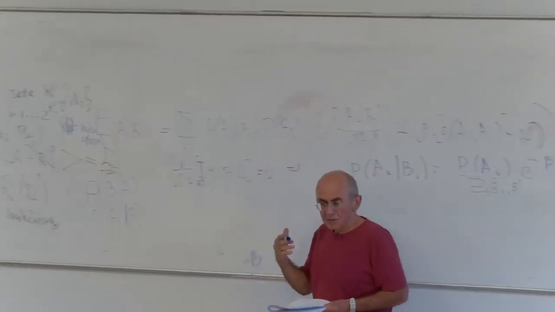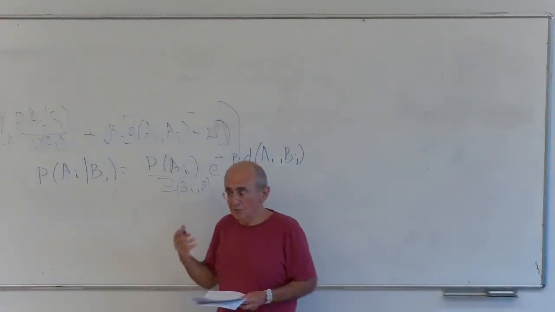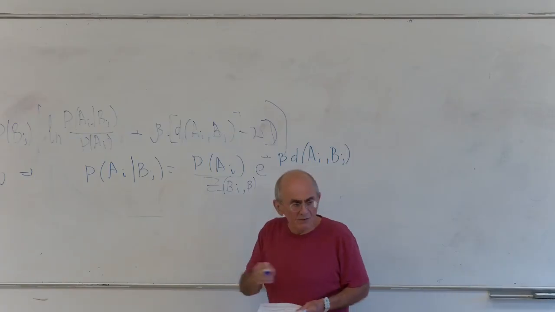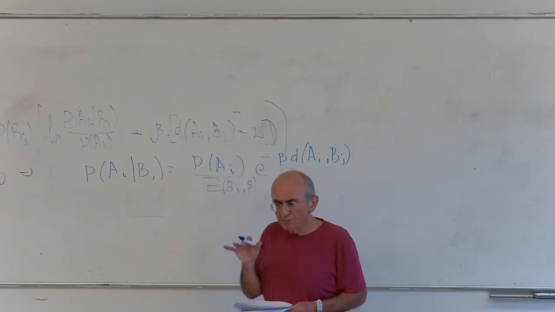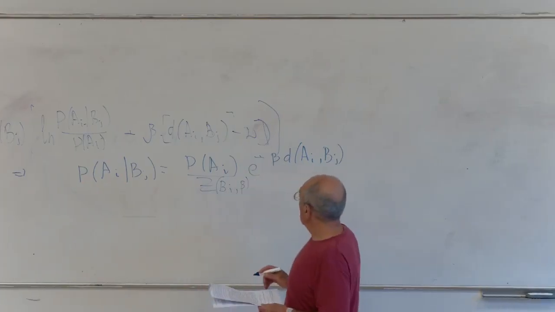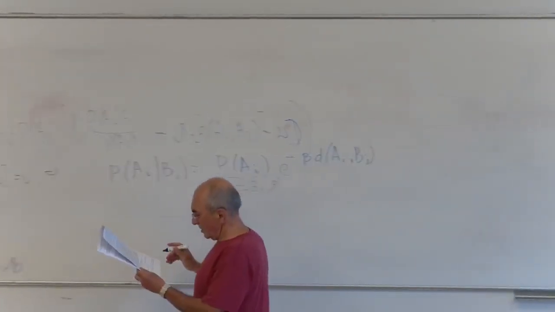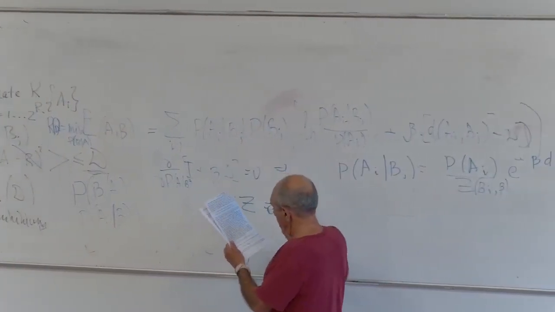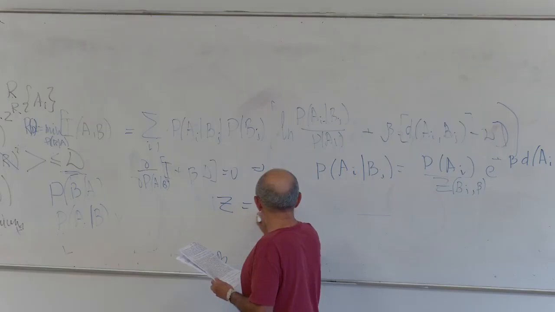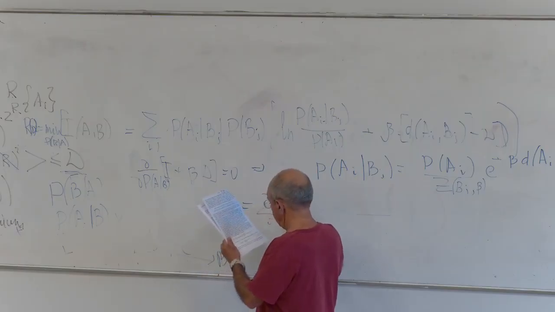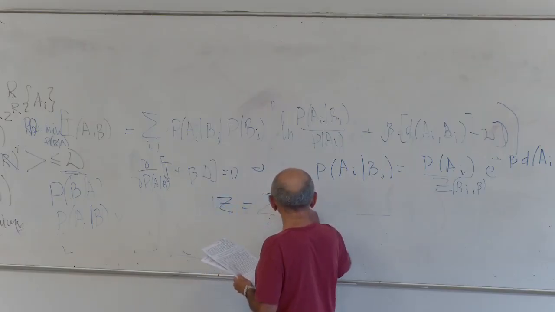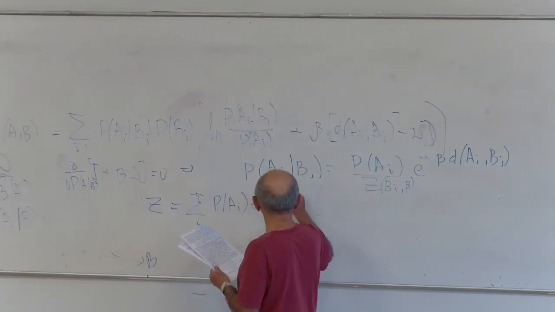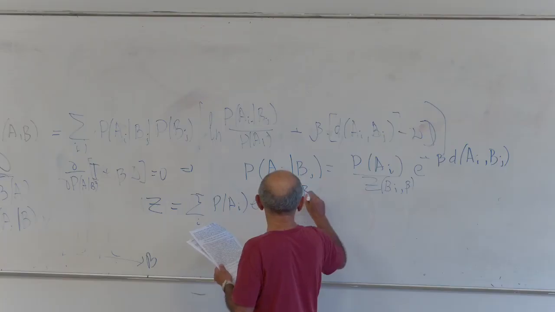Okay, that's a standard Lagrangian method, and we're doing it almost at every lecture, right? And so if you did not do it yourself on the page like 5 times, do it. Now, of course, Z is a partition function, which is just a normalization factor, which is the sum over i of p of a_i times exponent minus beta d of a_i and b_j.